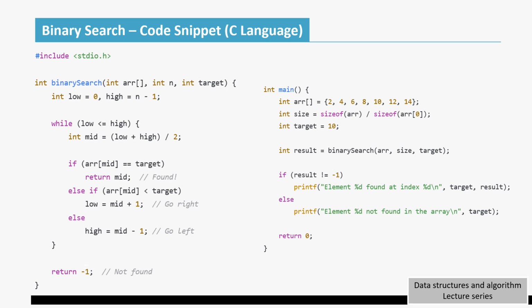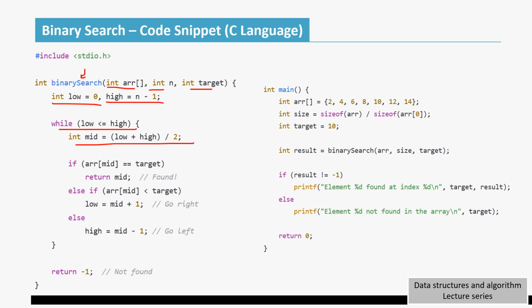This is the binary search code snippet in C language. Whatever logic we have used is set over here. Int low is equal to 0, high is n minus 1. This binary search function will receive 3 arguments: the array ARR, the integer n, and the target. Then again the same logic is developed.